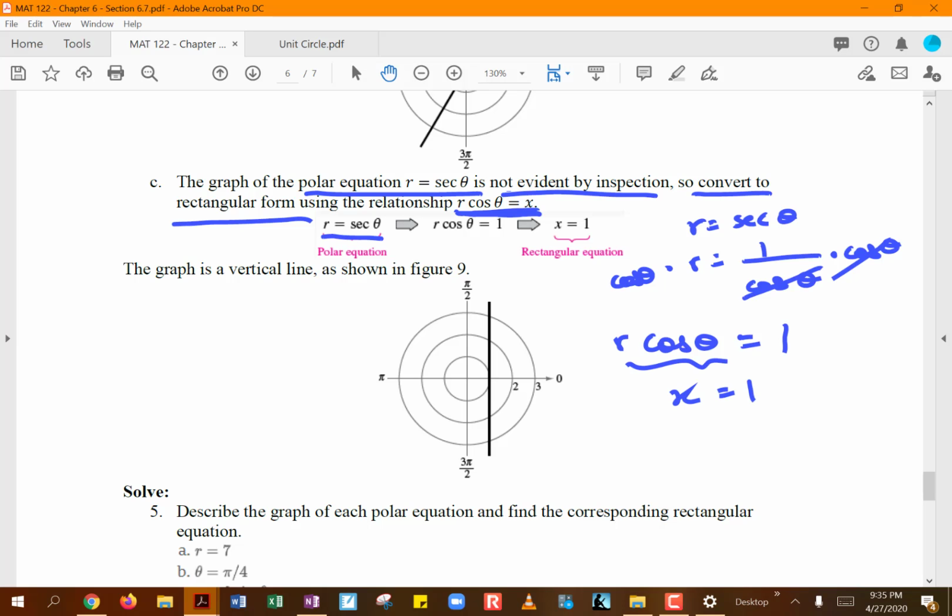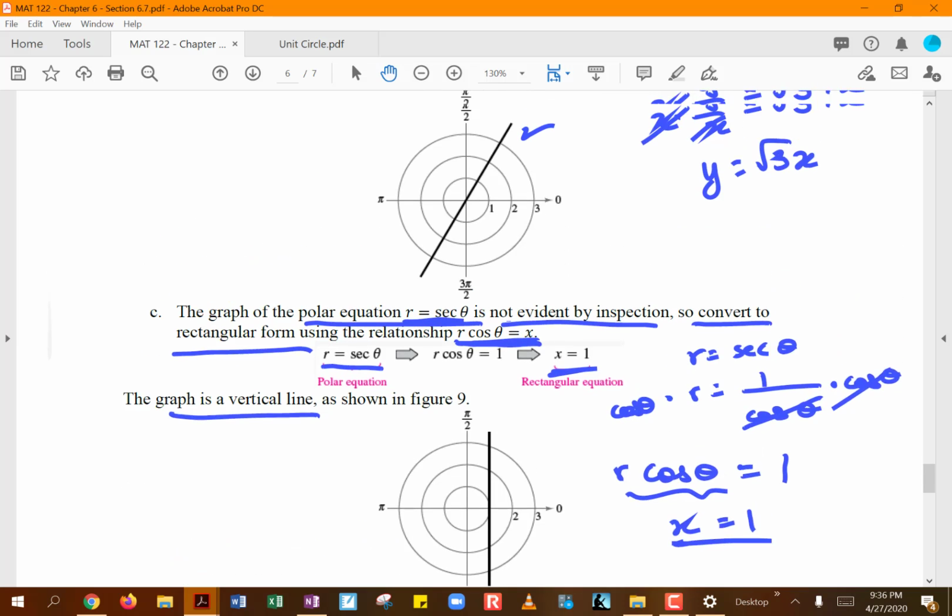So you end up getting x equals 1, which is going to be this vertical line which passes through the x-axis at positive 1. And this is how you know what the graph of r equals secant theta is going to be, by converting it into the rectangular form.